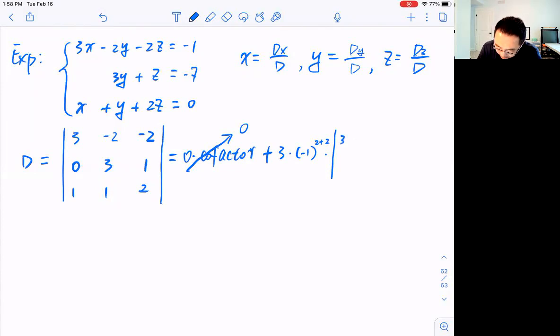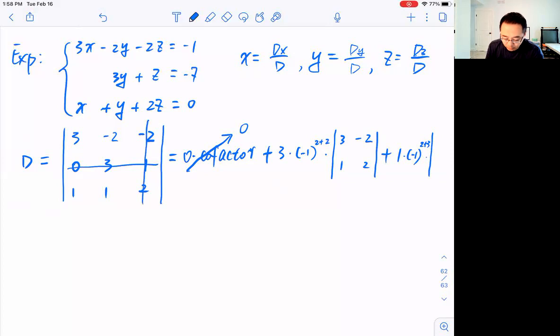So 3, -2, 1 and 2, plus 1 times -1 raised to 2 plus 3, and getting rid of this one's row and column, you get 3, -2, and 1, 1. Everybody with me so far, I hope.